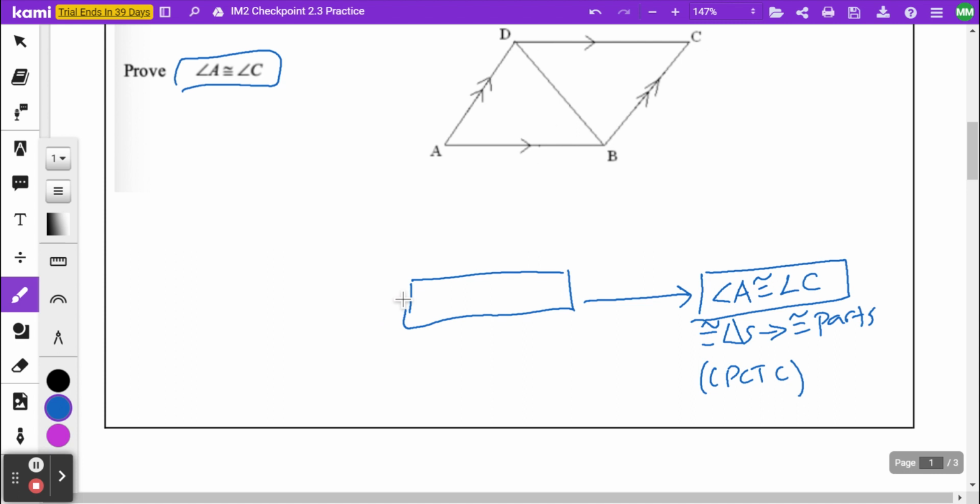So the triangles I see here are triangle ABD, and I want to prove that that is congruent to triangle CDB. Okay, let's see which angles I have to talk about.